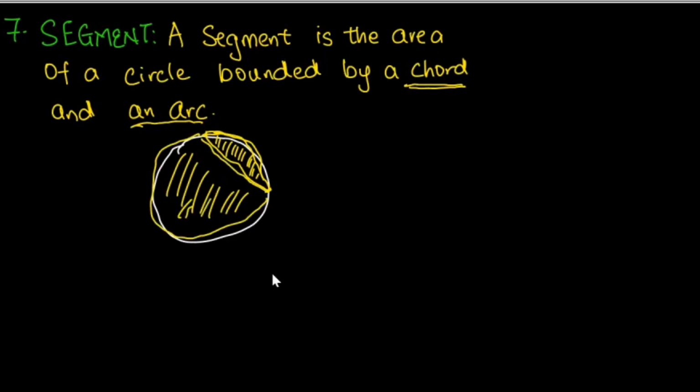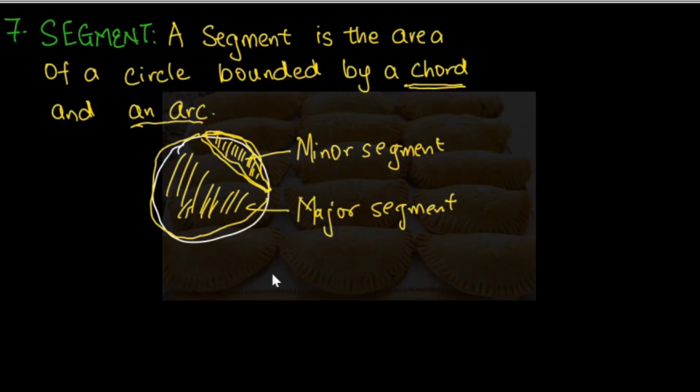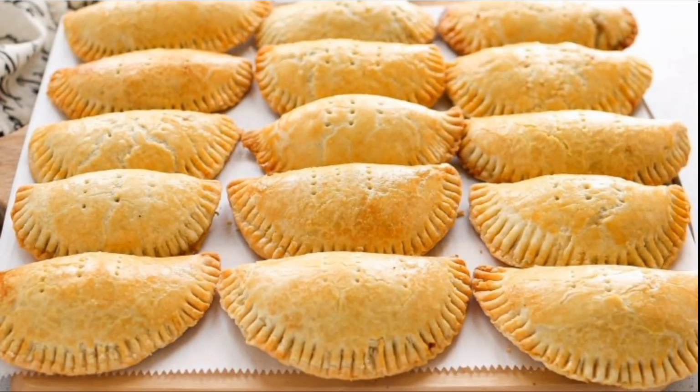And in real sense, the smaller segment is called a minor segment because minor means small, and the larger one is called a major segment. So take note of what forms a segment: a chord and an arc. Again, whenever you think of a segment, think of a meat pie or a mixed pie.